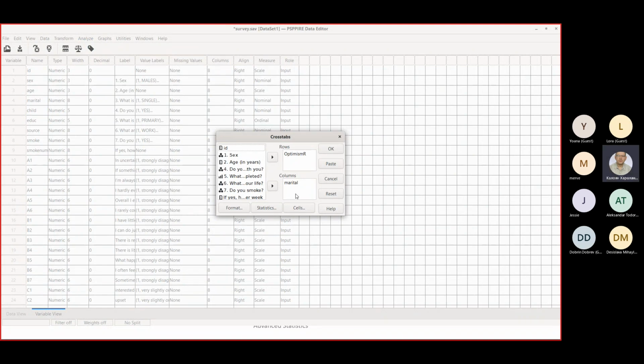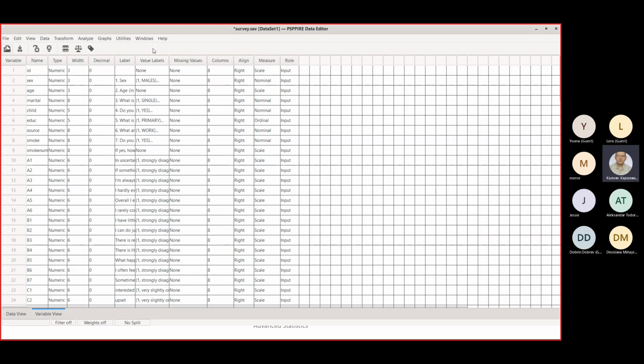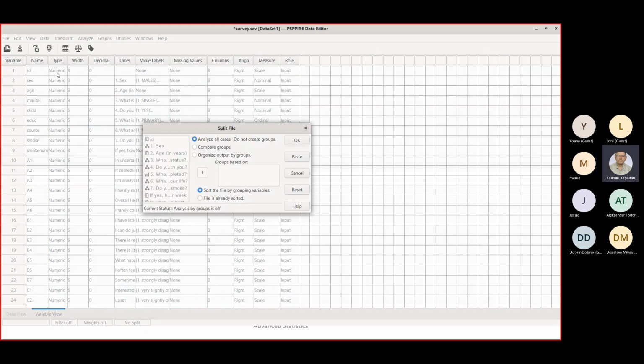However, we could perform this analysis, but first we must divide this sample into two groups, and for this purpose I will choose data, and then split file, and I will split the file by gender or by sex.